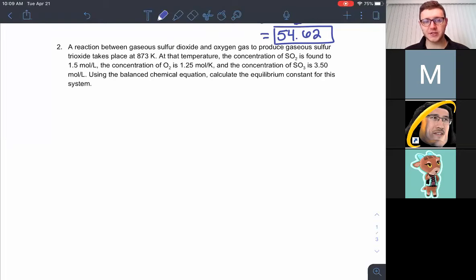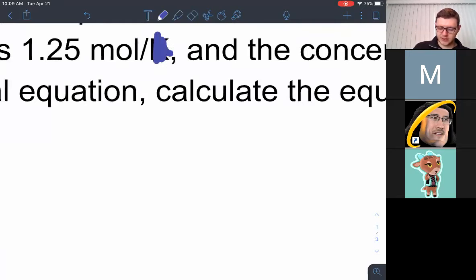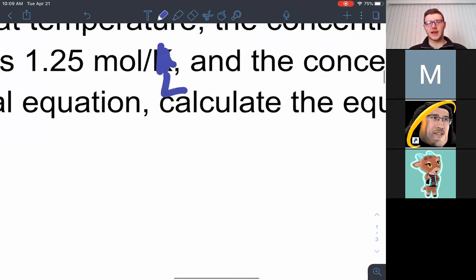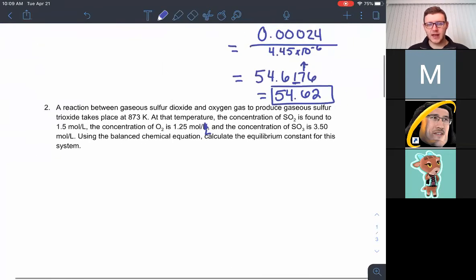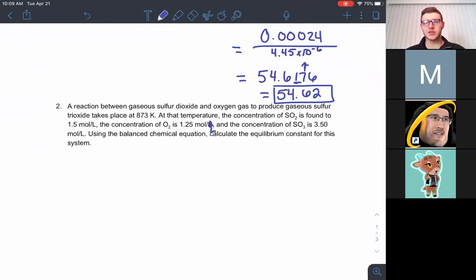The concentration of oxygen is 1.25 moles. That should be moles per liter as well. It should be liters, not Kelvin. Just a typo, I'm sorry. And then the concentration of sulfur trioxide is 3.50 moles per liter. Using a balanced chemical equation, calculate the equilibrium constant for this system.